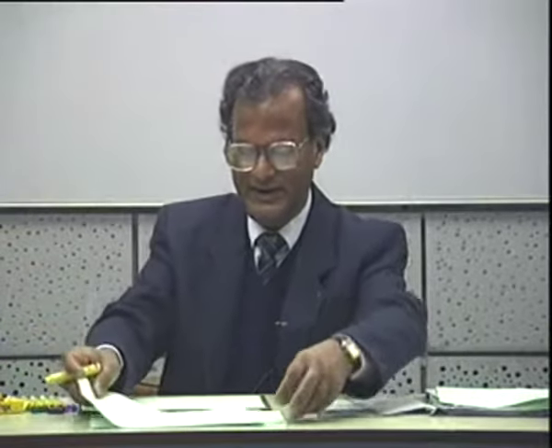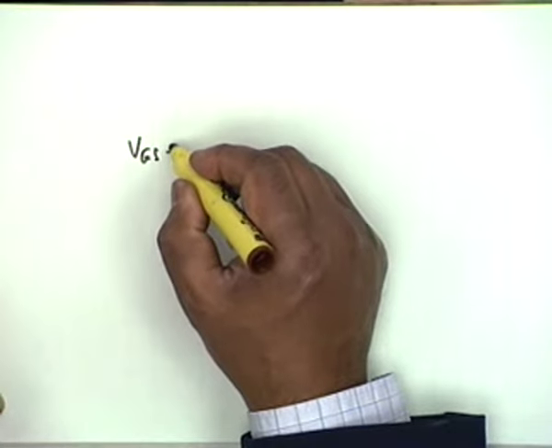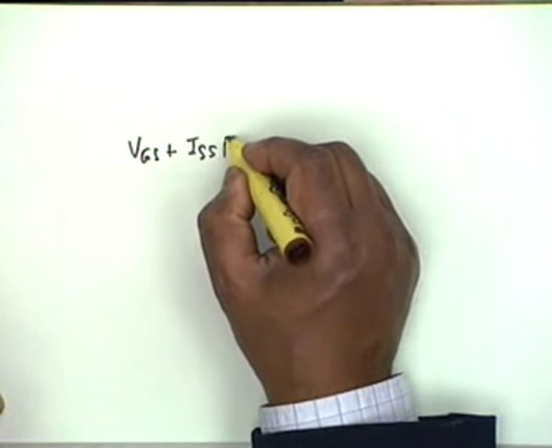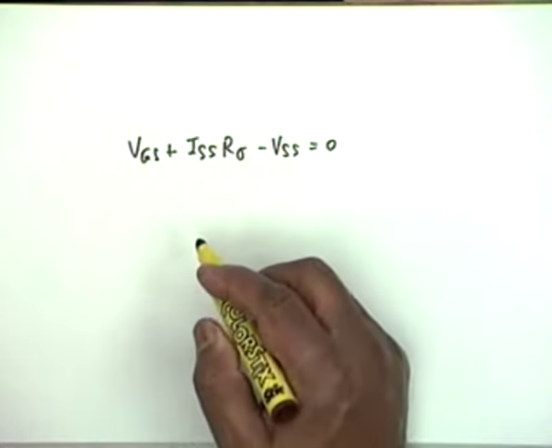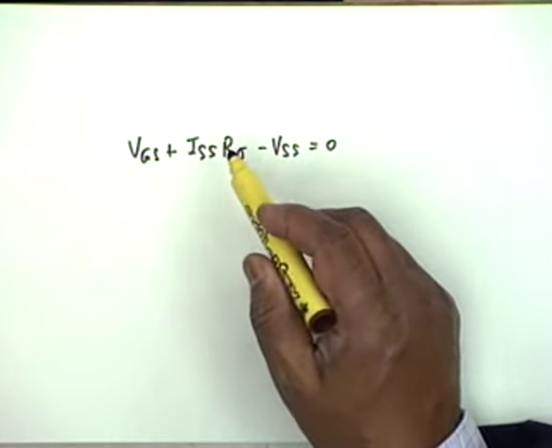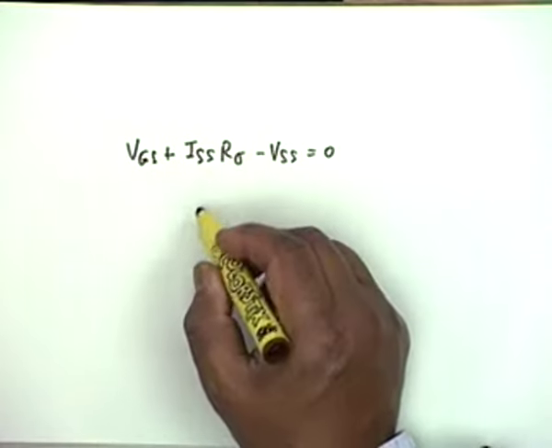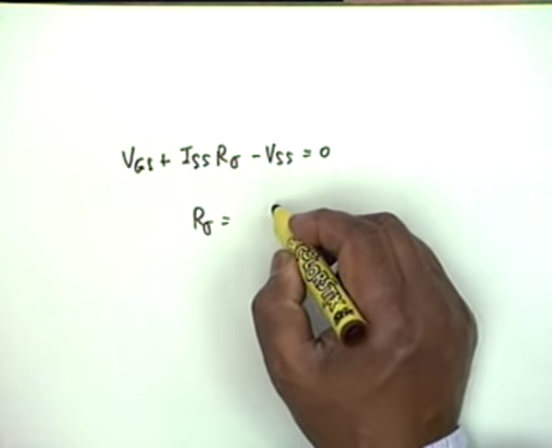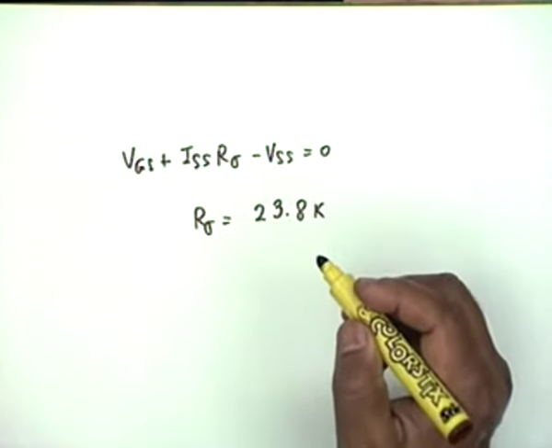So I write VGS plus ISS R sigma minus VSS equal to 0, in which we know VGS, we have already calculated minus 1.94 volt. We know VSS, it is 10. We know ISS, which is 500 microampere. Therefore, I can calculate R sigma, and my calculation gives 23.8 K.